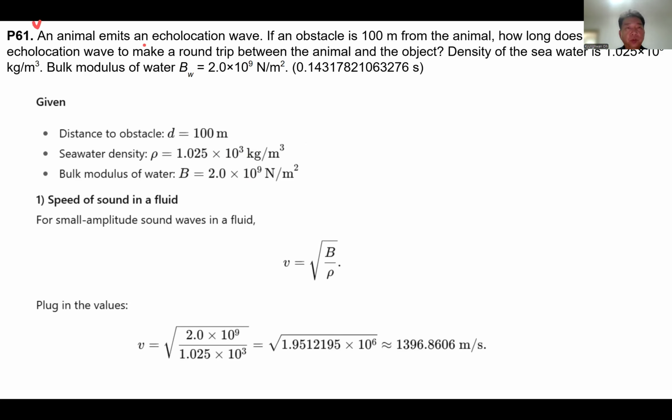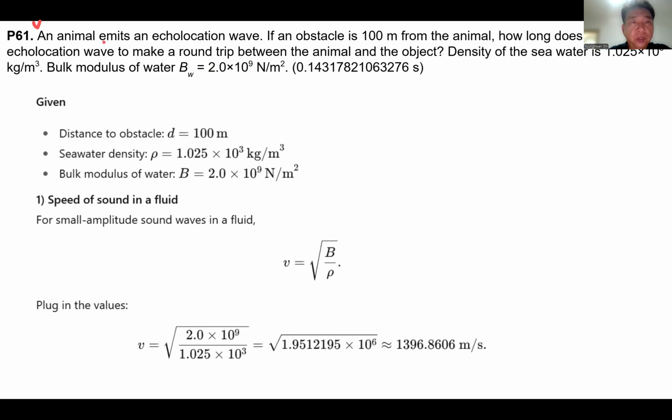Problem 61. An animal emits an echolocation wave. That means by the reflection, we call it echo, and by detecting the reflections, they try to find locations, like a bat.